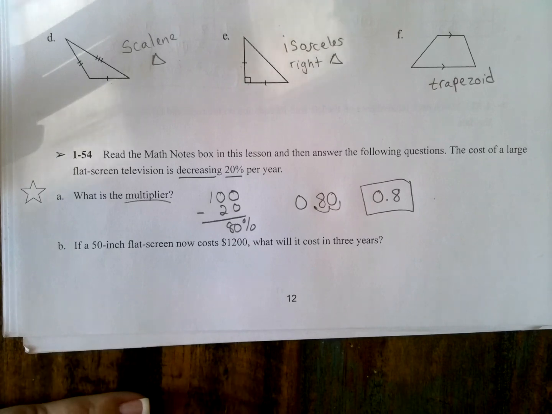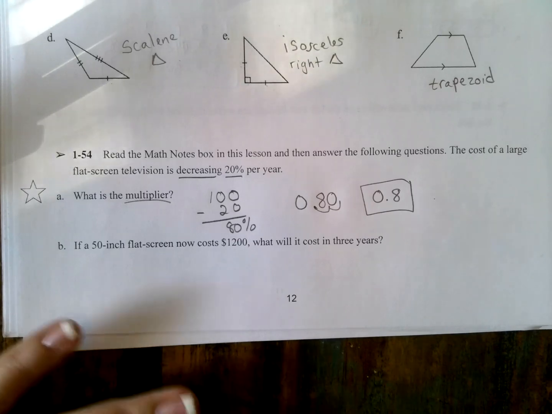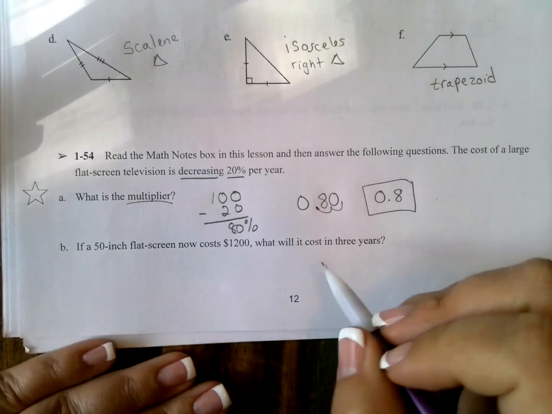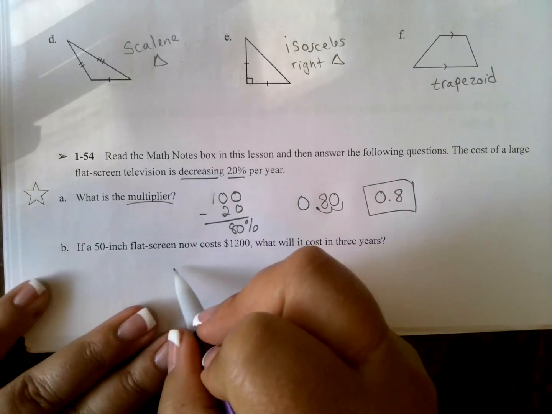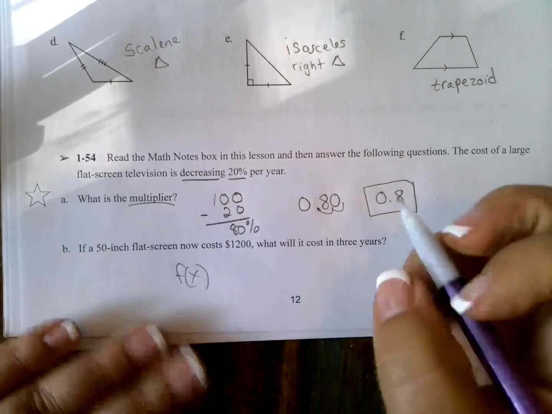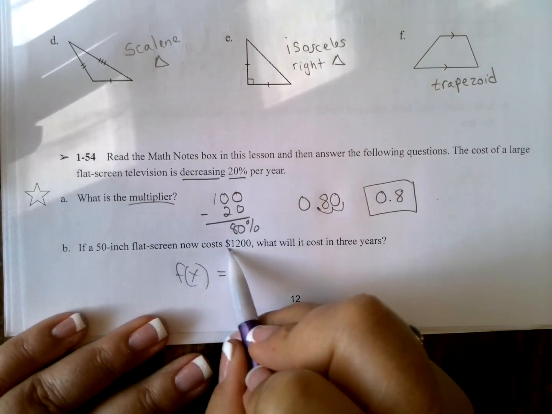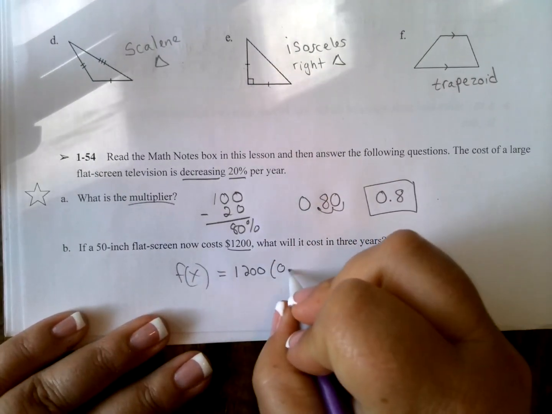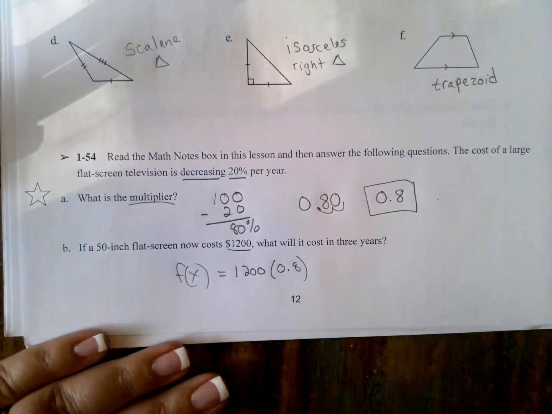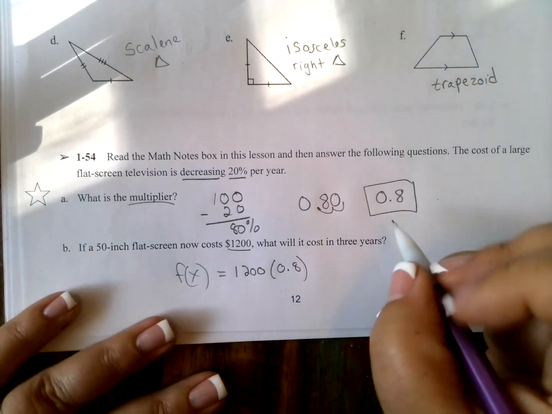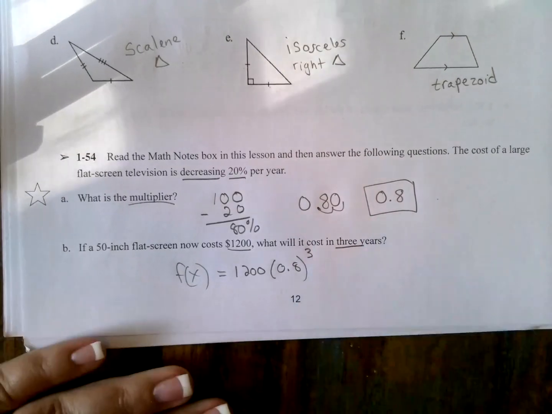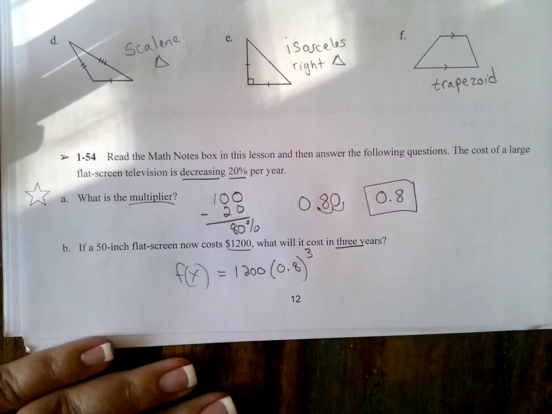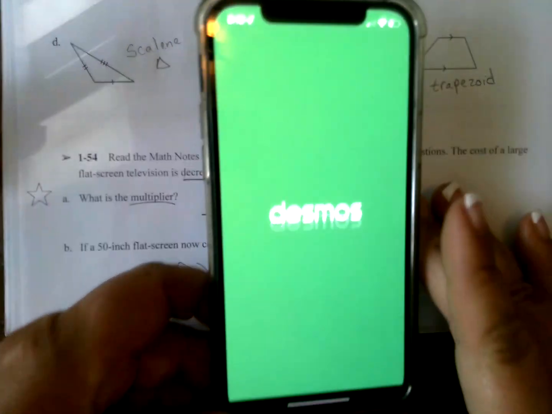If a 50-inch flat screen TV now costs $1,200, what will it cost in 3 years? So to do this equation, we could do f of x equals my starting value is 1,200. My multiplier is 0.8. And then we are going to put that to the power of 3 because that's asking 3 years. And you would go ahead and put this into a calculator. I like to use the Desmos scientific calculator.